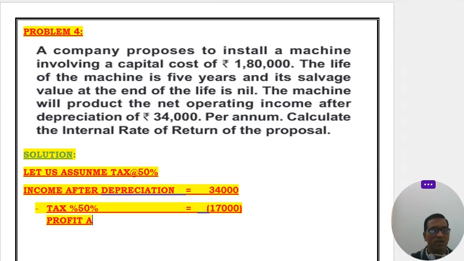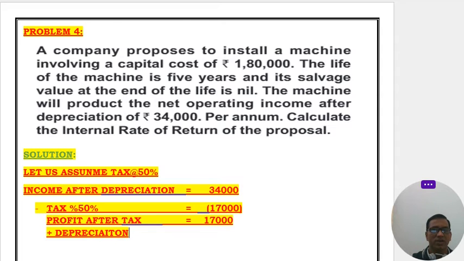Profit after tax, that is 17,000. For that again you have to add back depreciation. Depreciation we have to add. How much is the depreciation?